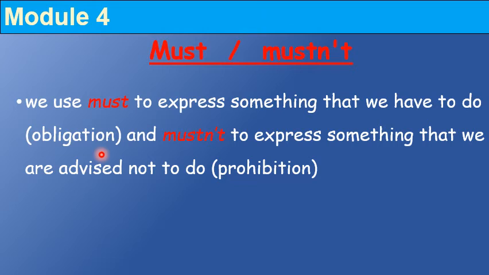There's no other way. And we use mustn't to express something that we are advised not to do. So it's a prohibition. You have not to do it.